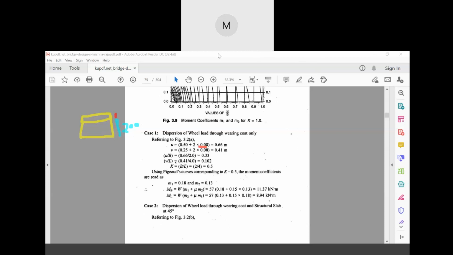Are you able to solve the numerical? Are you trying? Those who are done, just send me the answers.